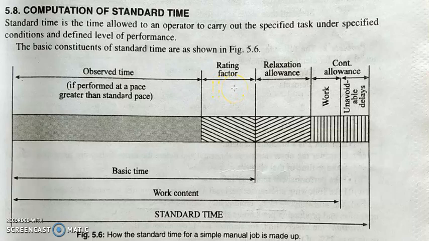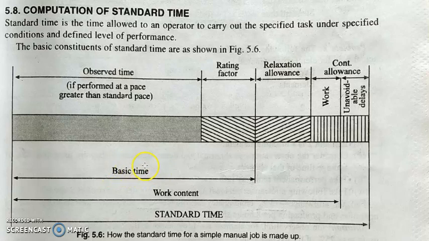Rating is the time study engineer's assessment of the worker's pace of working in relation to the concept of standard or normal. Therefore, rating is used to convert observed time into normal time. So if we combine the observed time with the rating factor, we get the basic time. Basic time is also called the normal time.